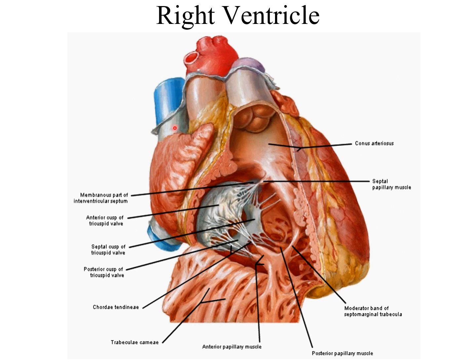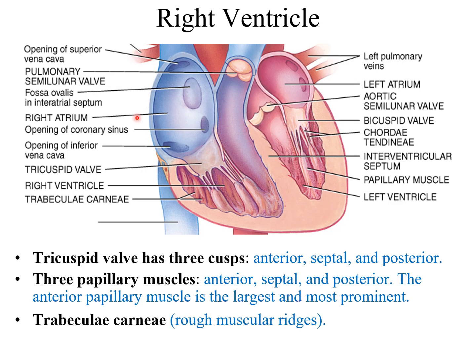Like we have seen the superior and inferior vena cava, which are near the posterior wall, which is smooth, so the entry point was smoother. In the same way in the right ventricle also, this is the exit point of the blood. The blood comes from the atrium into the right ventricle, and from the right ventricle it goes to the pulmonary trunk through this area. So this area is again smooth, so the blood can easily pass through it, and this smoother portion is known as conus arteriosus or infundibulum.